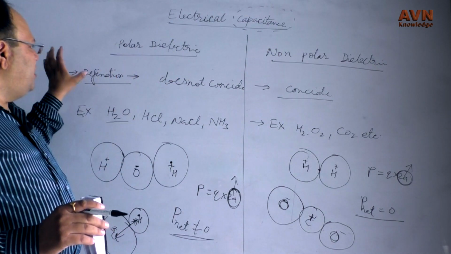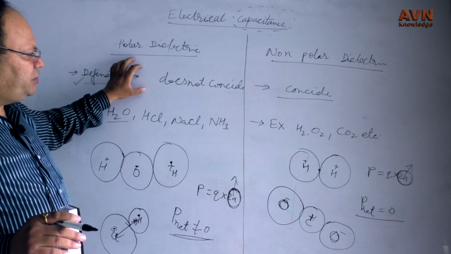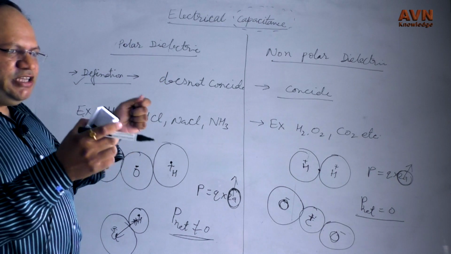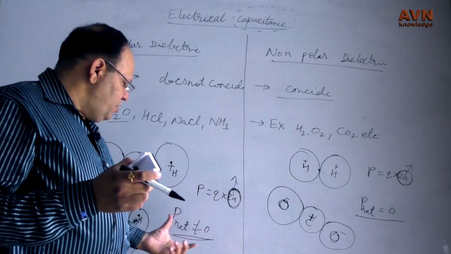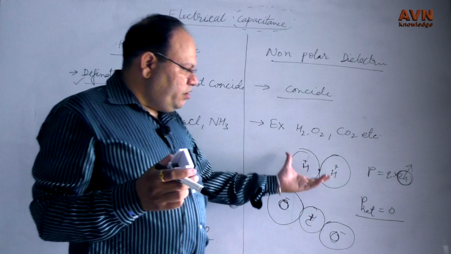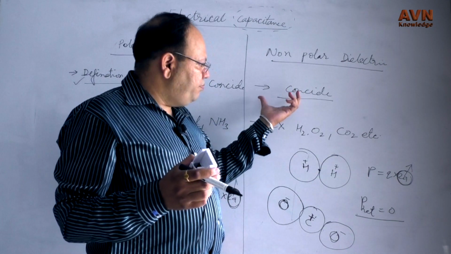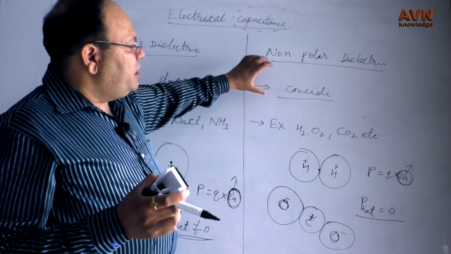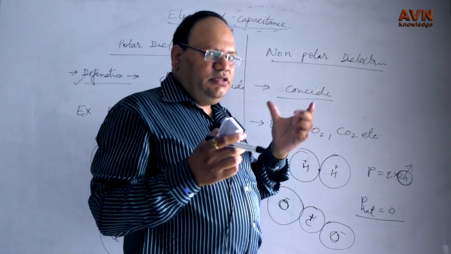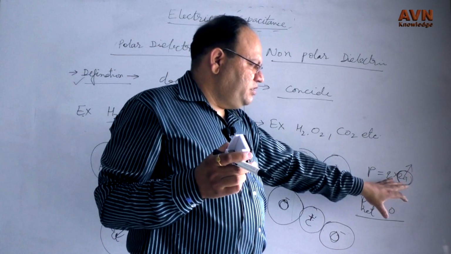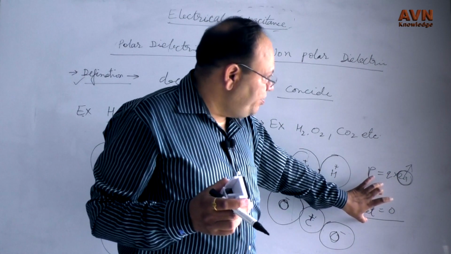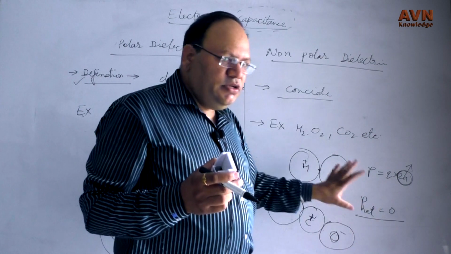The definition: the center of mass of positive charge and center of mass of negative charge do not coincide in the polar, meaning they are separated and have some distance, so they have a net electric dipole moment. In the non-polar, they coincide, meaning no separation and distance is 0, so the net electric dipole moment in the non-polar will be 0.